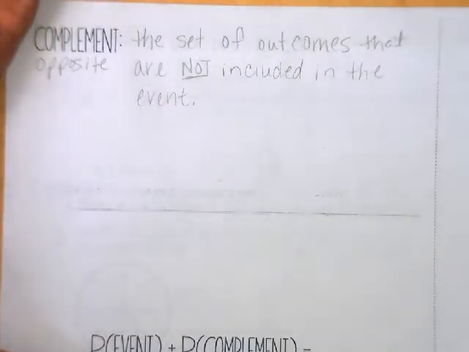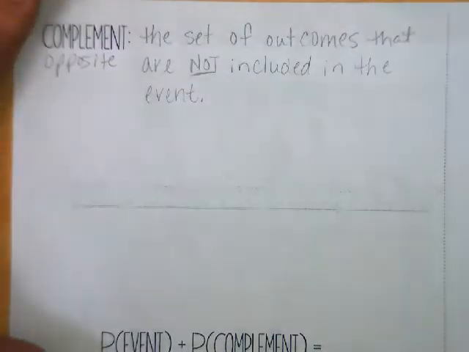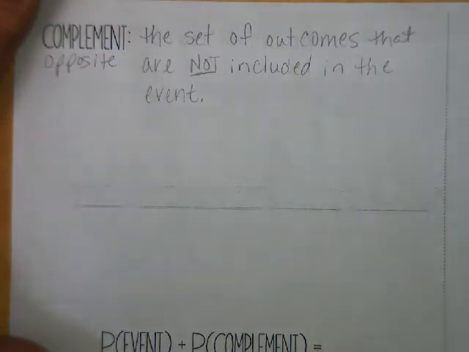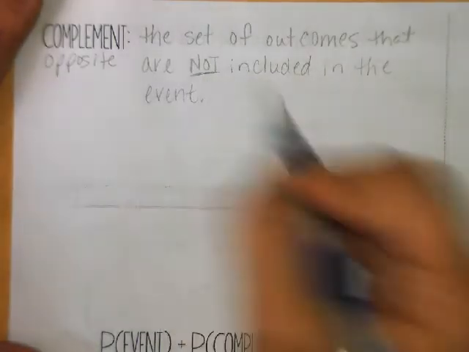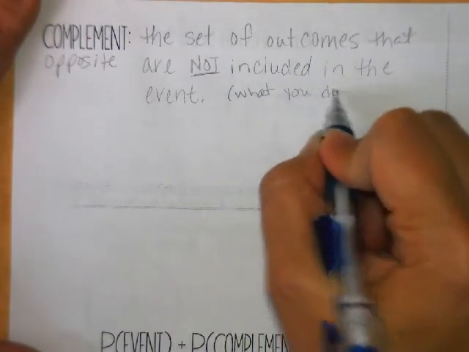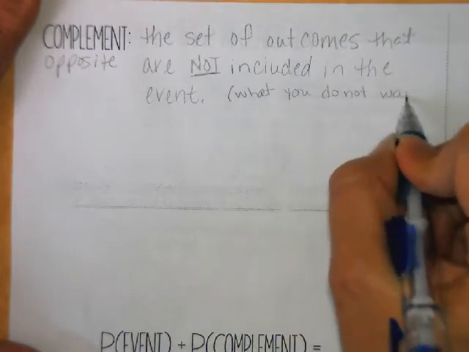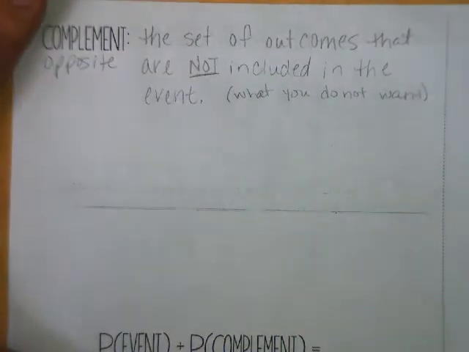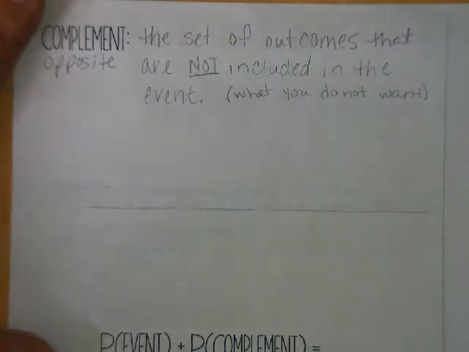If I said a minute ago, what is the probability of getting a heart? The complement, or the opposite, is getting any suit that is not a heart. This is just what you don't want, essentially. Our numerator is what we want, so our complement is what we don't want.